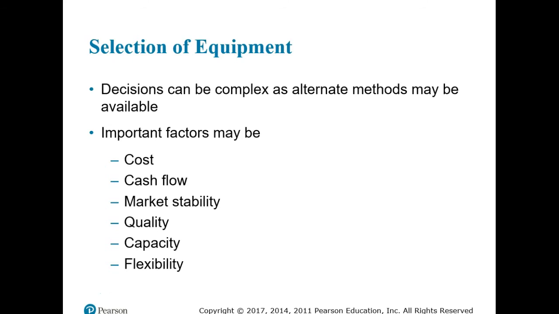Numerous factors may need to be considered, particularly those on this slide: your costs, your cash flow, your market stability, your quality, your capacity, and flexibility. To make this decision, operations managers develop documentation that indicates the capacity, size, tolerances, and maintenance requirements of each option listed here.